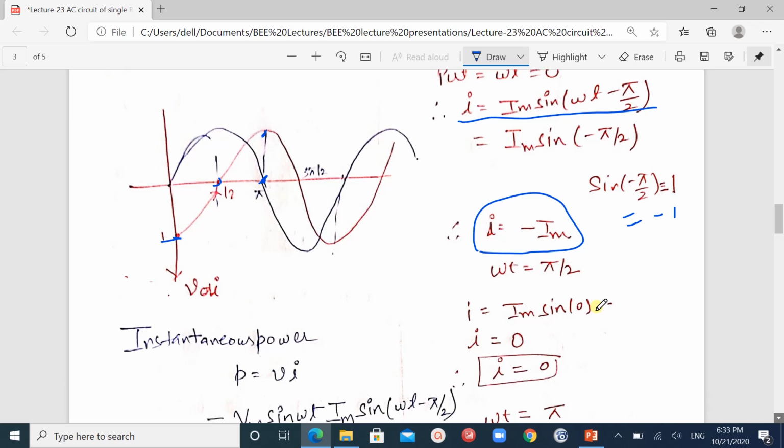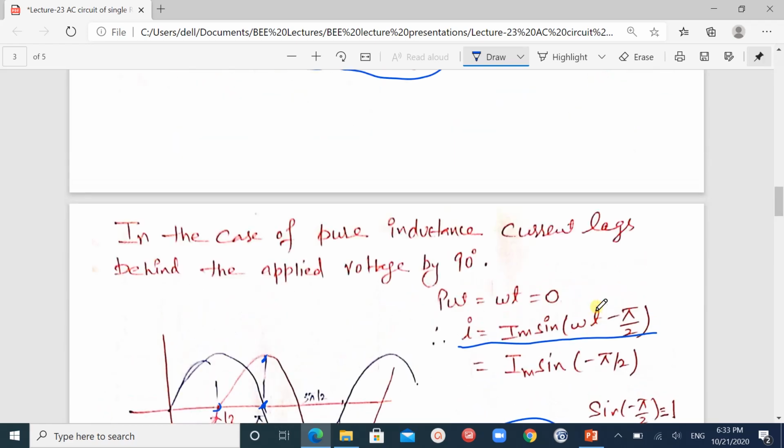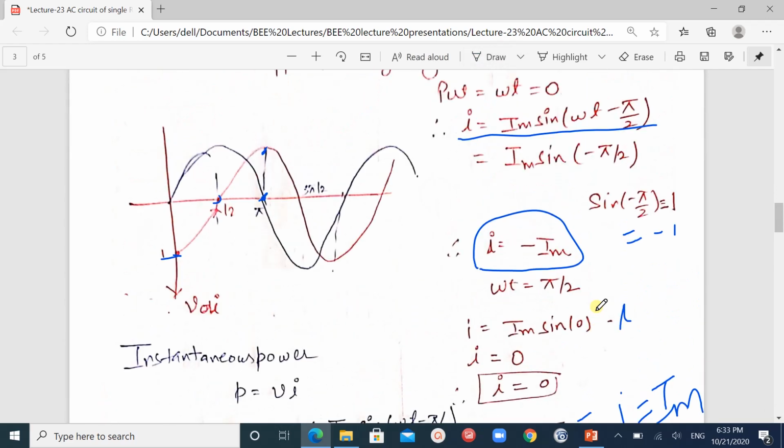And when we put omega t is equals to pi, we will get I is equals to Im, positive. When we join all these points, this waveform will generate. So this is 90-degree lags behind the voltage.